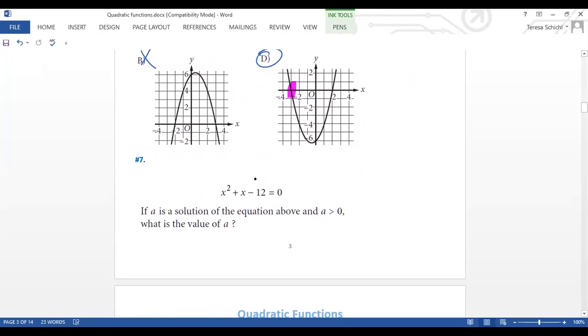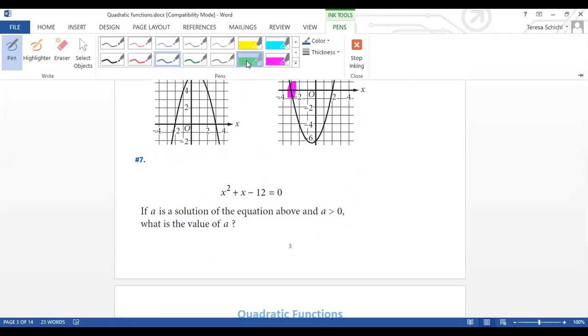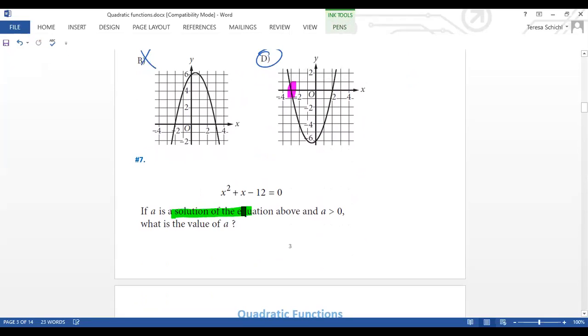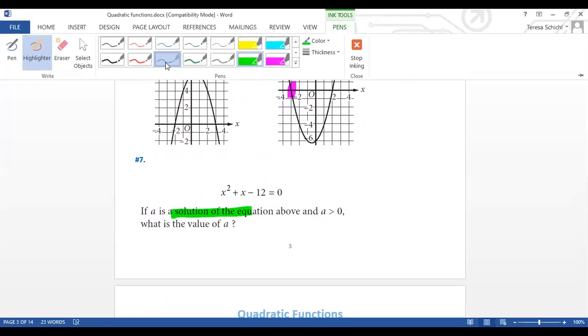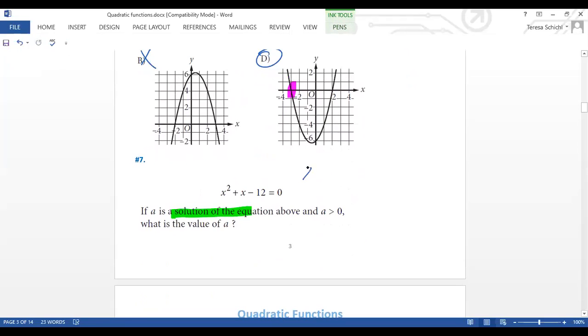Okay, so now number 7 is x squared plus x minus 12, and it says this is a quadratic and a is the solution of the equation. So what is the value of a? How do I find the solution of a quadratic? First, let's factor to see if we are able to.